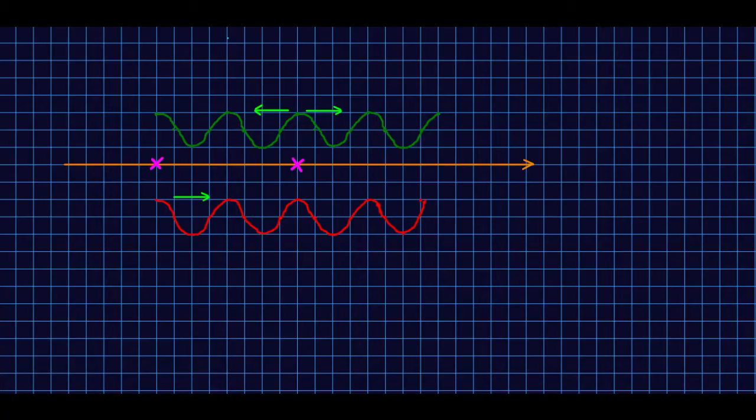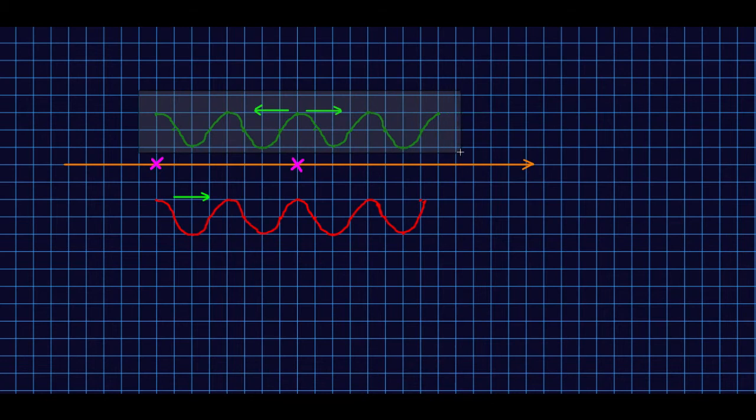We can understand more about the animation that we just watched if we think about it using path length difference, which we saw in a previous lecture. So I've drawn the two sources with these pink X's. And here is the green wave going out of this source in both directions, and the red wave coming out of this source in this direction. And I've drawn the waves above and below because I wanted to show them to you, but then I want to get them out of the way.